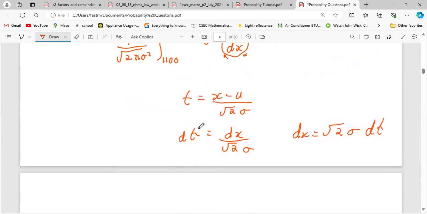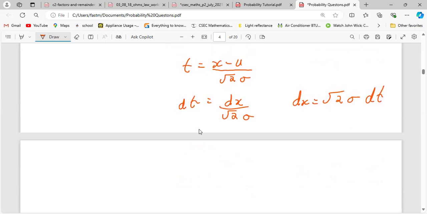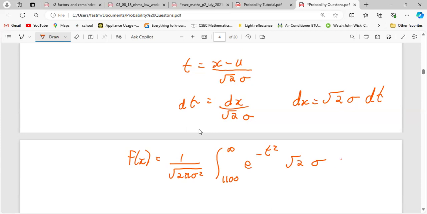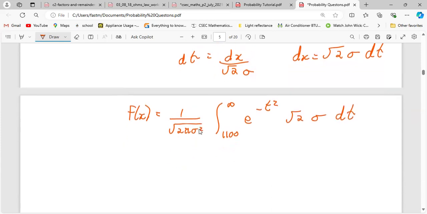The equation will now become 1 on the square root of 2 pi sigma squared, integral from this to infinity, e to the minus t squared, square root of 2 sigma dt.